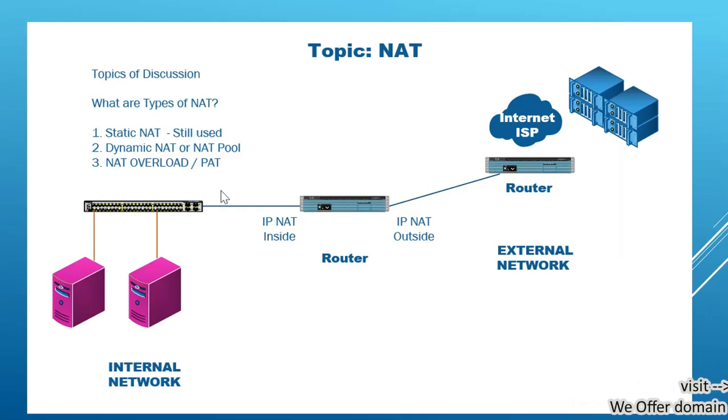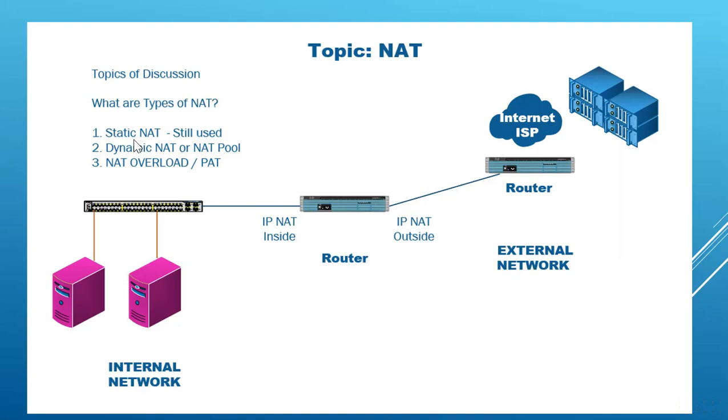So great. Now, what are the types of NAT? Number one, there's static NAT, which is still in use. I have seen it myself, and I have actually done configurations for static NAT.